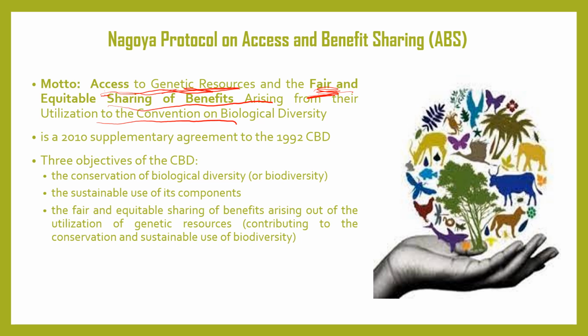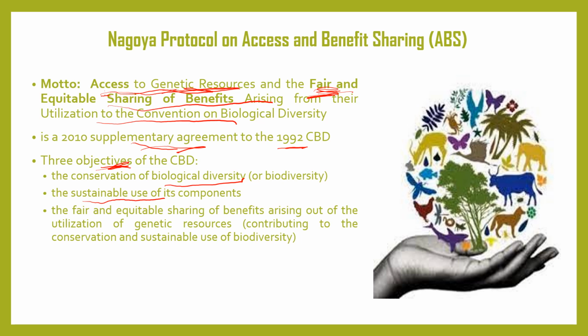This Nagoya Protocol is one of the supplementary agreements of the CBD, and we know that the CBD has three objectives: to conserve biological diversity, to make sustainable use of its components, and fair and equitable sharing.